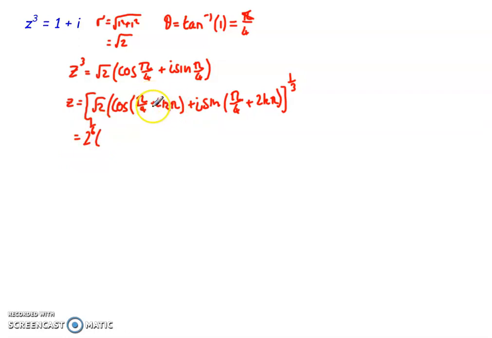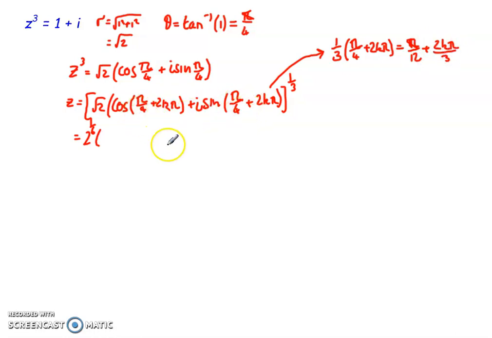We then have to take this bracket here and sort it. Well, if I'm going to sort the bracket, that's going to be the equivalent of 1/3 times pi over 4 plus 2k pi, which is then going to simplify and give me pi over 12 plus 2k pi over 3.